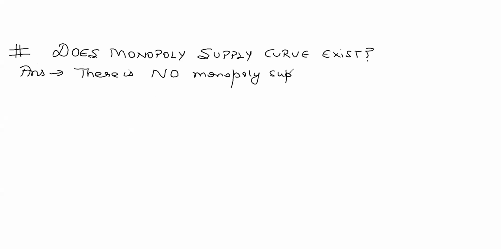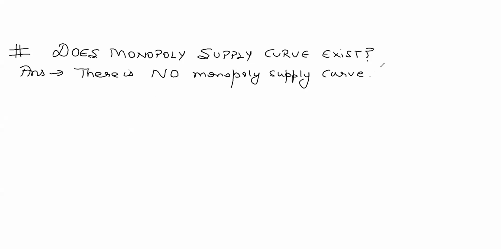If all students can recall, when we did the introductory microeconomics course, we said that in case of perfect competition, the supply curve of the firm is the marginal cost curve over and above the average variable cost curve. But in case of monopoly, there will be no monopoly supply curve.